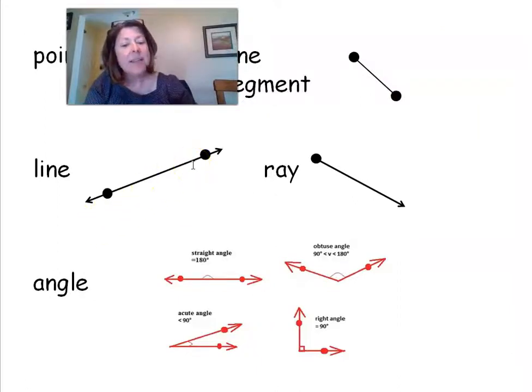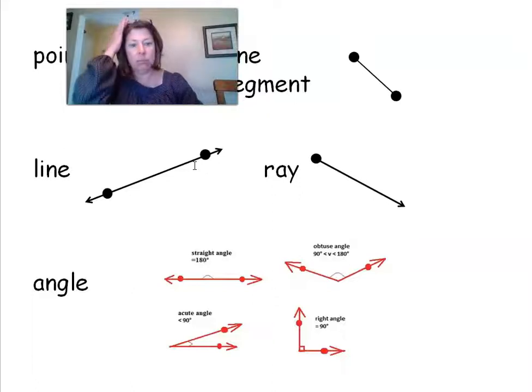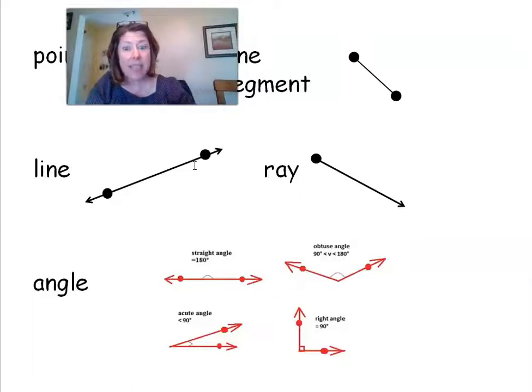A line never ends, kind of like our numbers. We can keep counting frontwards or backwards and never get to the end. So that line needs to have the two arrows. Different from my line segment, a segment is a part of something. So that line segment is a part of a line.